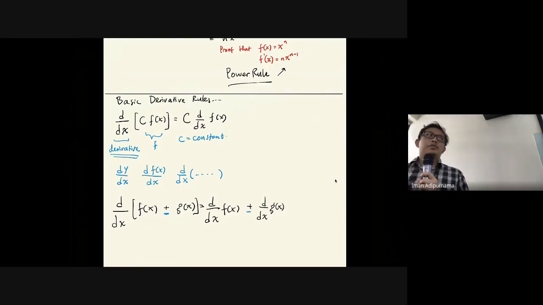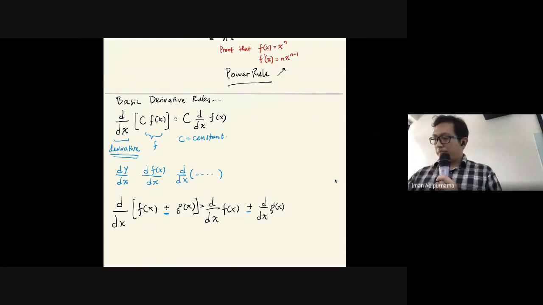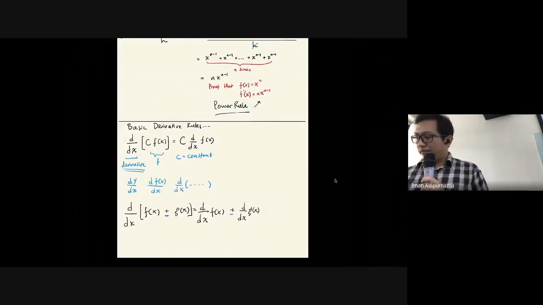When you apply to some modeling, it will be much easier. Okay, this is the basic derivative rule.